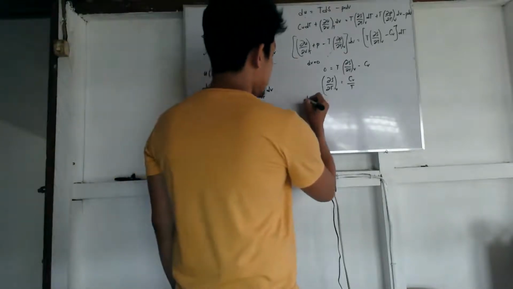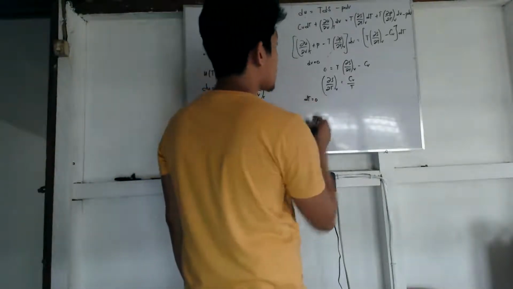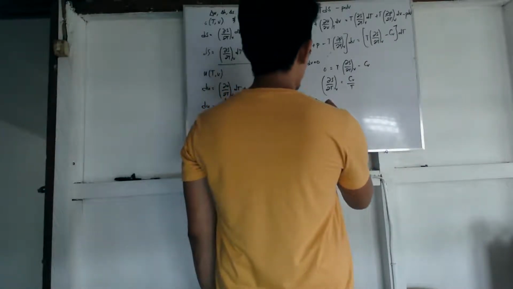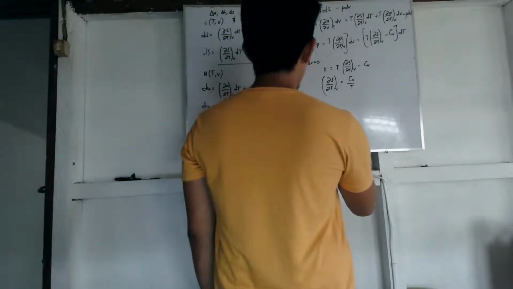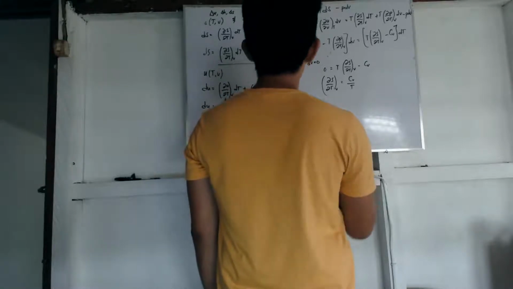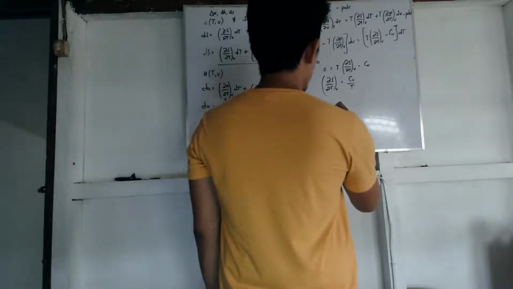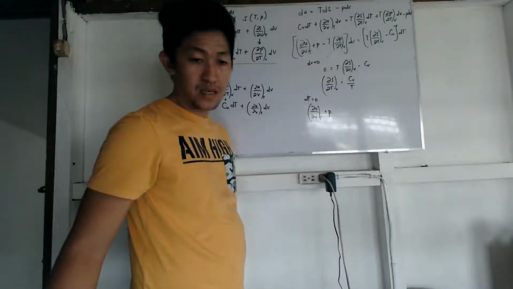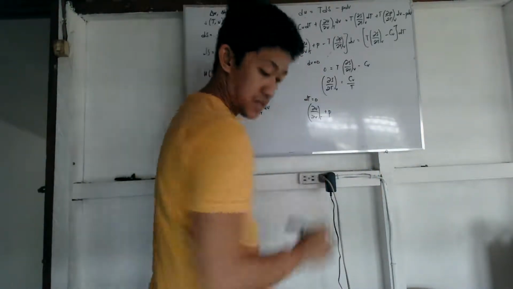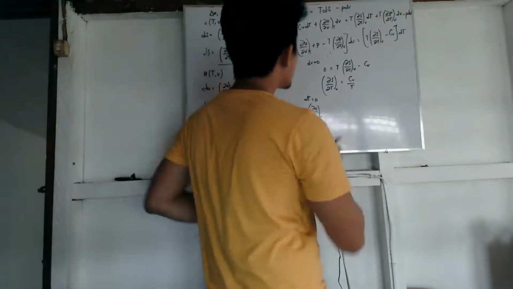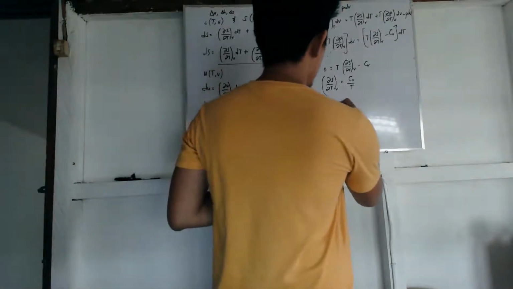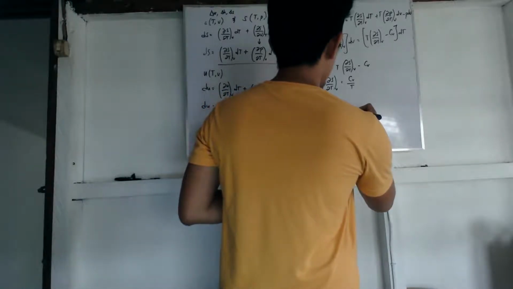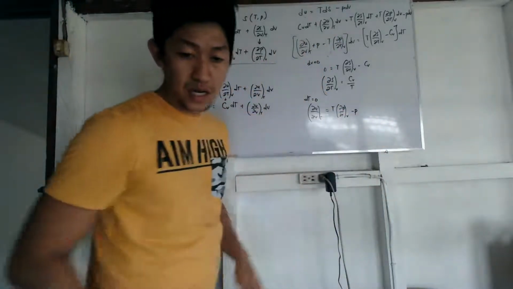Now, the second case, when dT is equal to 0, you have partial of U with respect to V plus P equal to T partial of P with respect to T minus P. Okay?